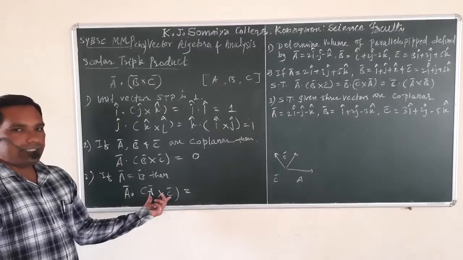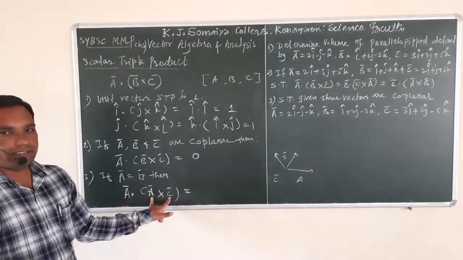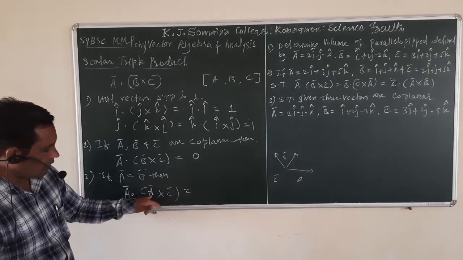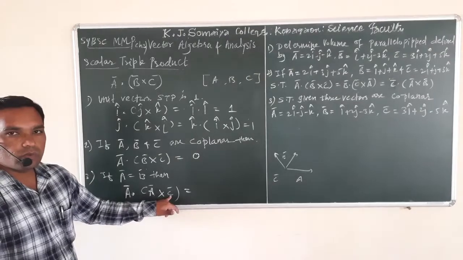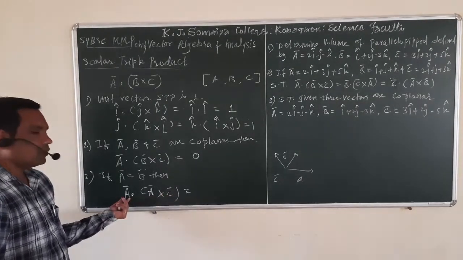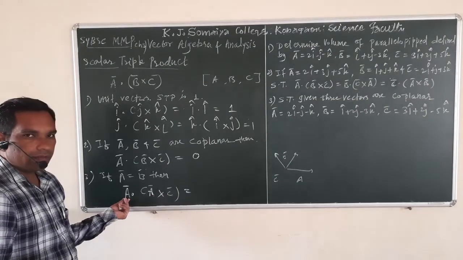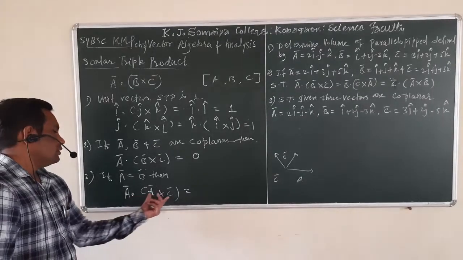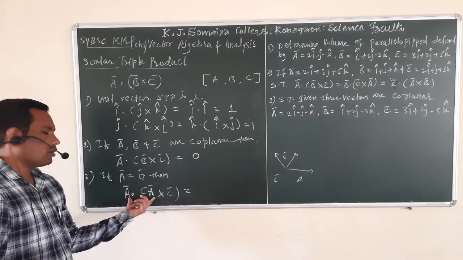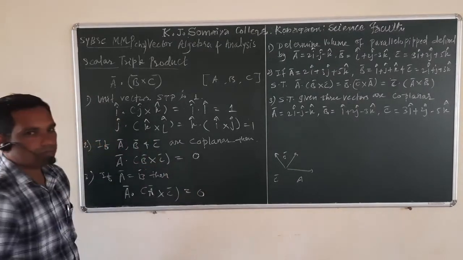vector A cross C is the vector which is perpendicular to the plane of vectors A and C. So this vector A cross C is perpendicular to A as well as perpendicular to C. Now we are taking the dot product of this vector with vector A. So A cross C is again perpendicular to vector A, which means this vector and this vector are perpendicular to each other, and the dot product of any two perpendicular vectors is 0, like in this case.